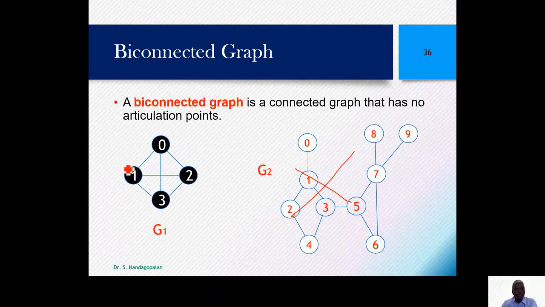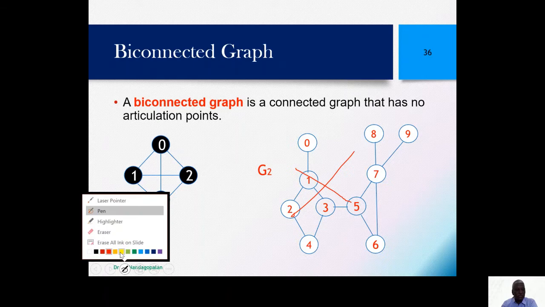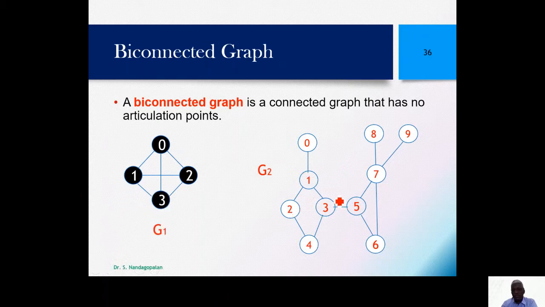Because if I establish a graph with no articulation point, which means a biconnected graph, then even if some node fails, let's say this one fails, I'll still not get disconnected totally. I still have only one connected component, no problem. But here it's not like that. If an articulation point node fails, I'll get 2 components. So this group is separated from that group.